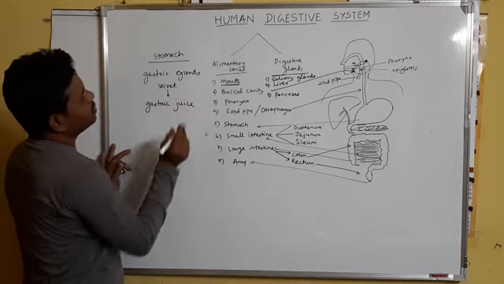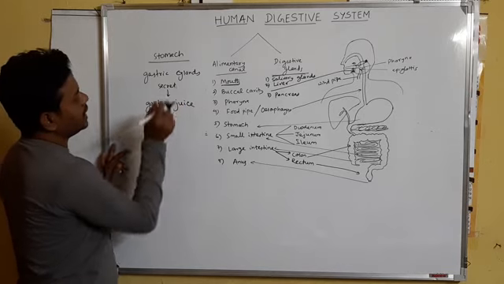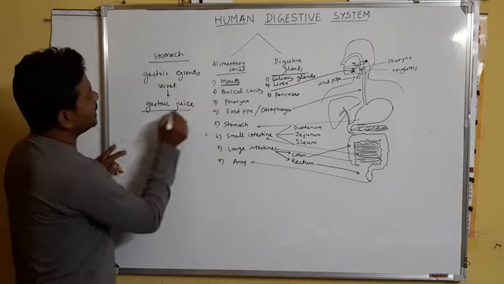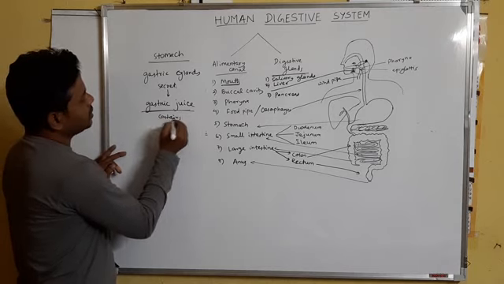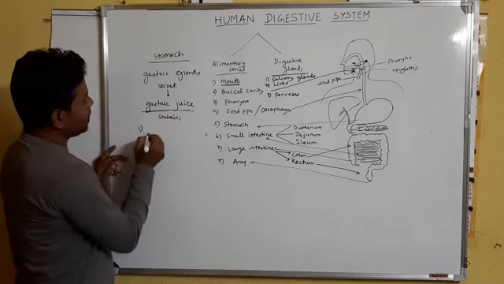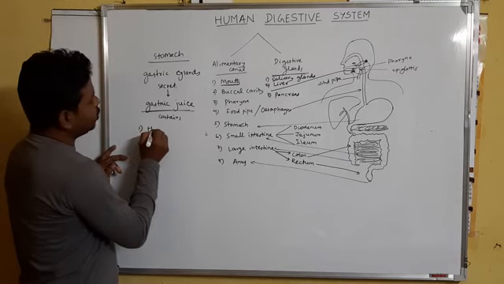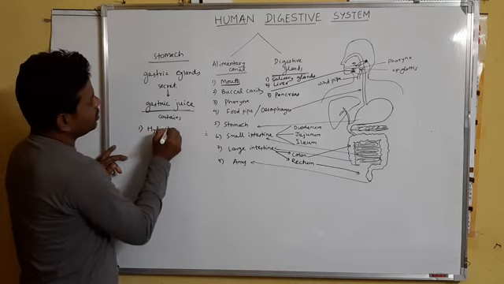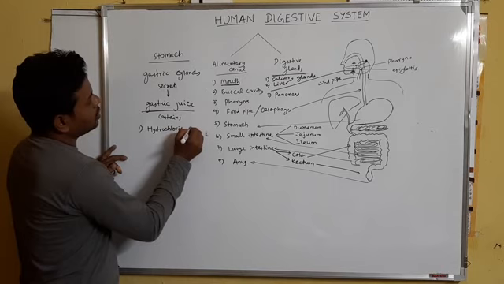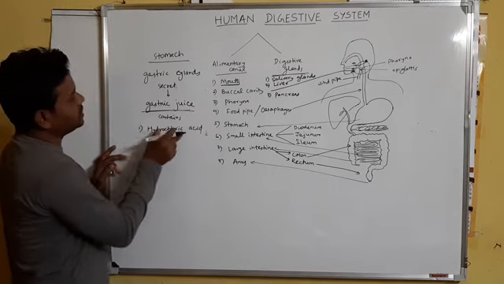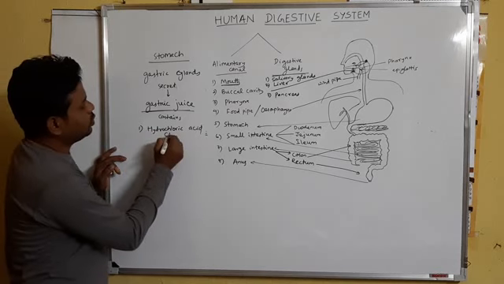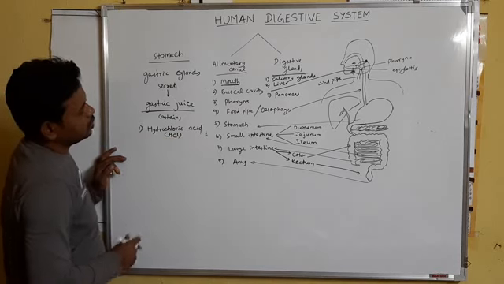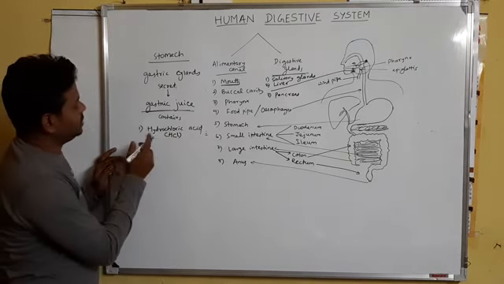Juice means a liquid which is secreted by these glands, and gastric juice is a digestive juice. The gastric juice contains three things. The first one is hydrochloric acid, or we normally write the formula HCl.